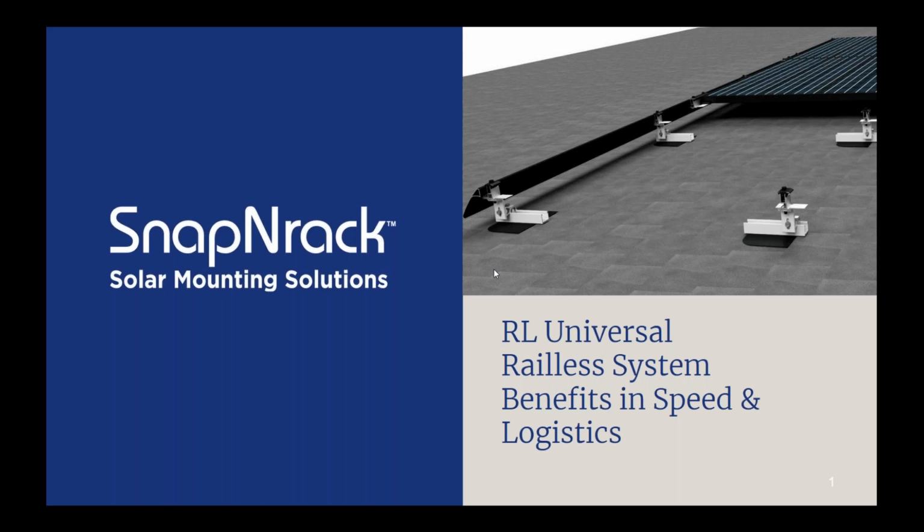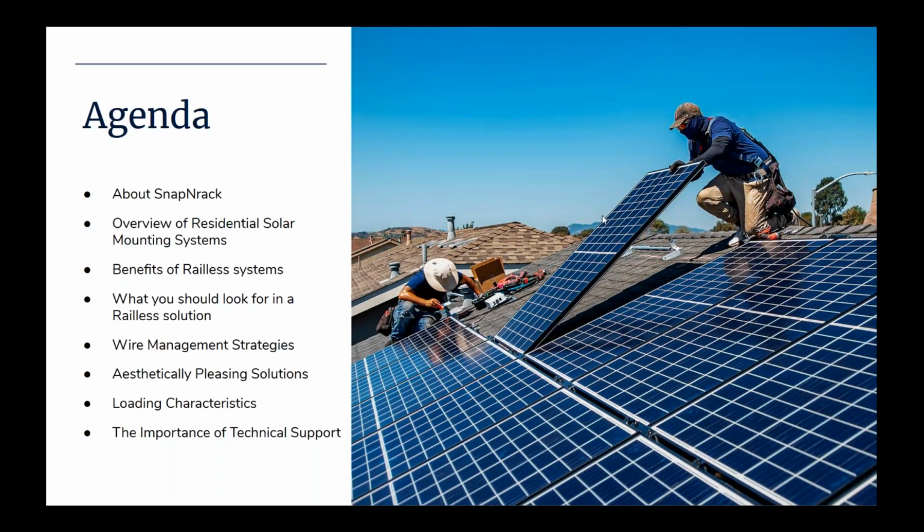Let's go through the agenda real quick. First, a little bit about SnapNrack. We're going to talk a little bit about residential mounting systems in general. We'll talk about the benefits of Railless and what you want to look for in a Railless system.